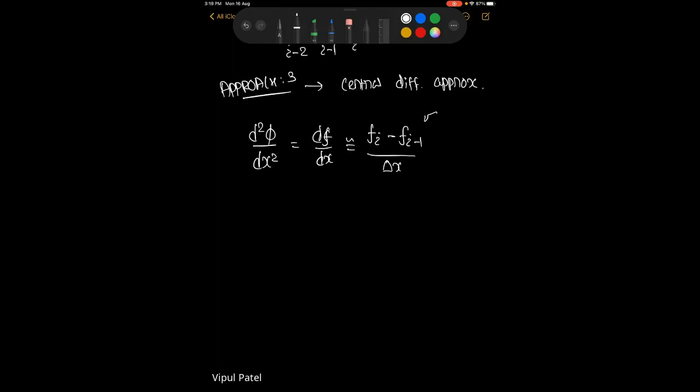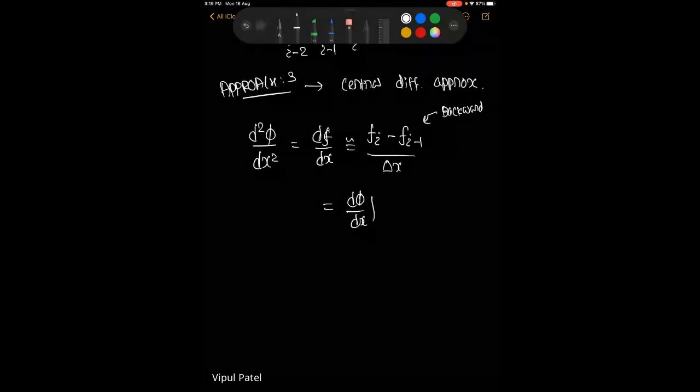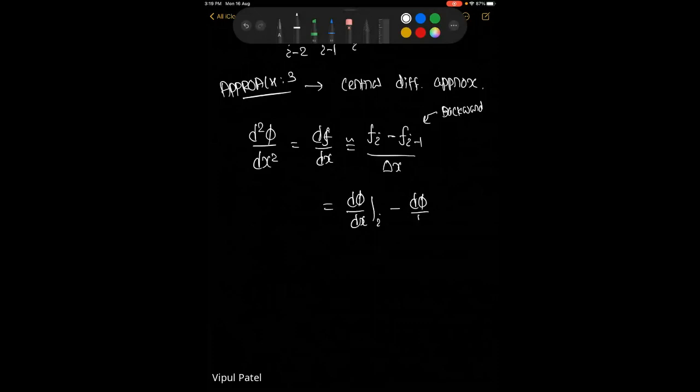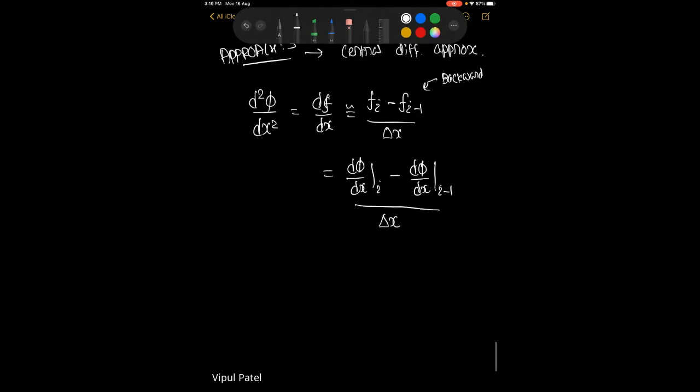This I have derived using backward difference approximation. Now I can rewrite this as d phi by dx at i minus d phi by dx at i minus 1, whole divided by delta x. This is the same thing; instead of f, I have written d phi by dx at that particular node.